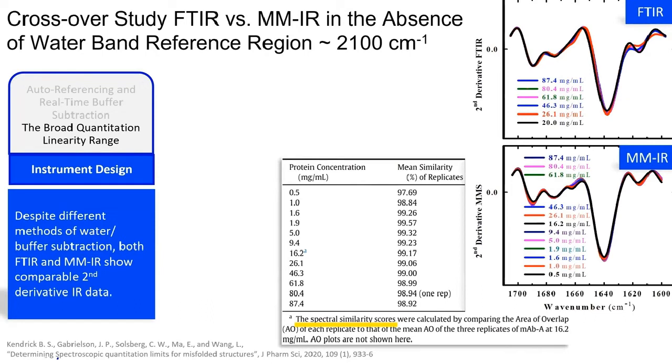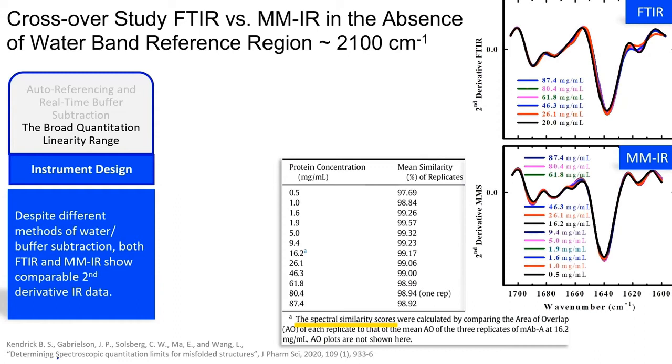The top figure overlays the second derivative FTIR spectrum of a mAb sample from 20 to 87 mg per ml, while the bottom figure shows the respective MMIR spectrum of the same mAb at concentrations which can go as low as 0.5 mg per ml.